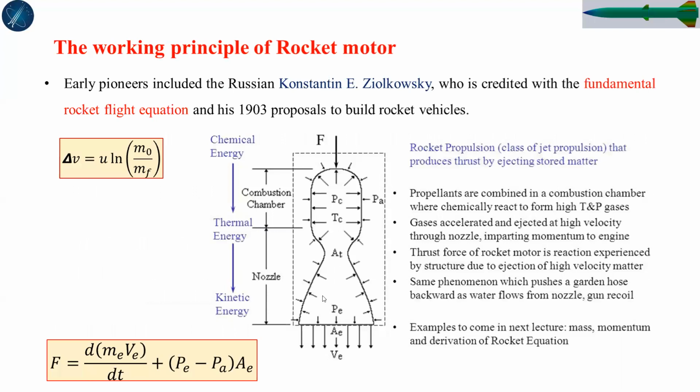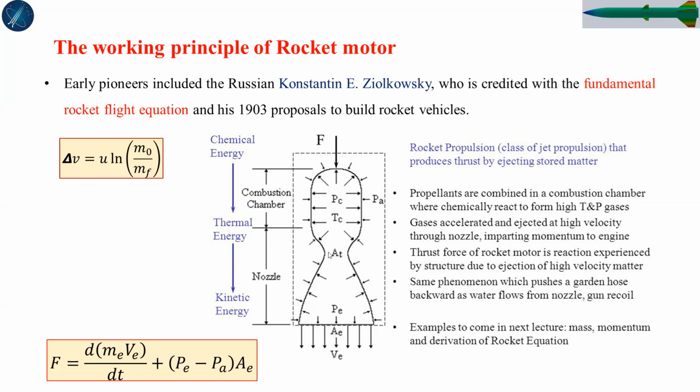Look, this is the principle. You have the pressure of the combustion chamber, which is perpendicular to the surface area of the given pressure vessel. Our combustion chamber is a pressure vessel in which the propellants are stored. The temperature in the combustion chamber is here.